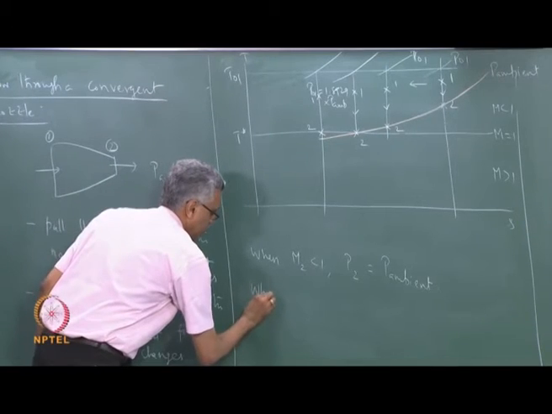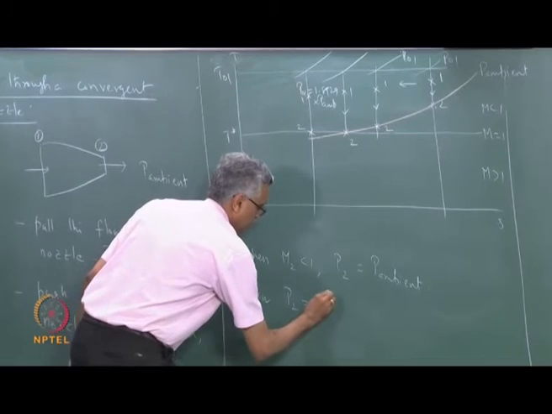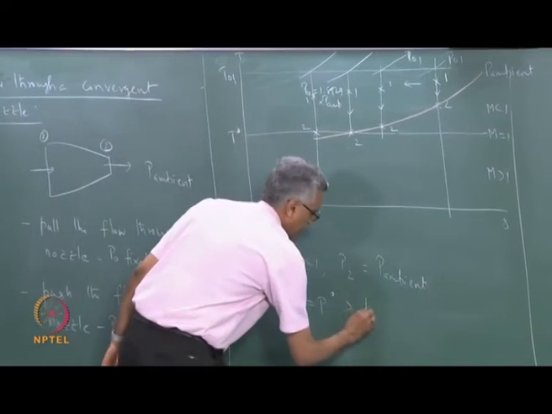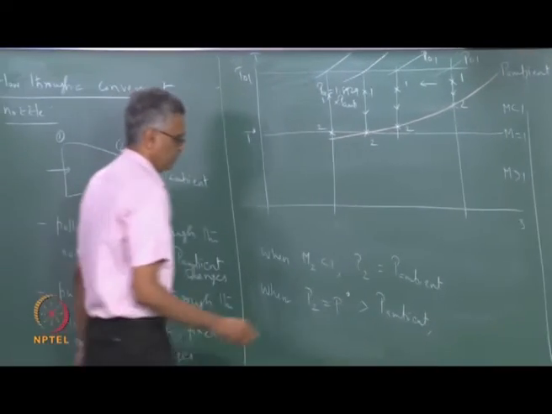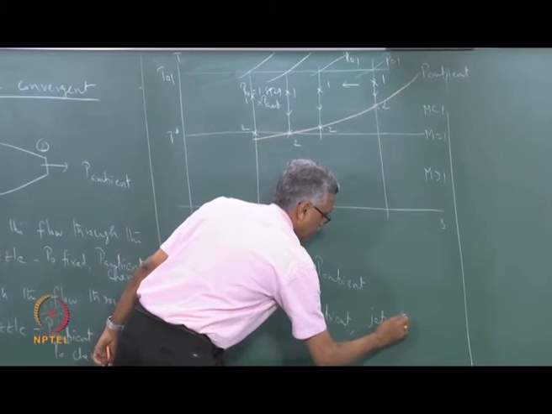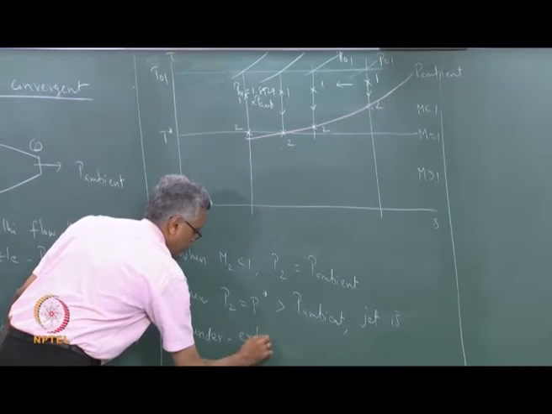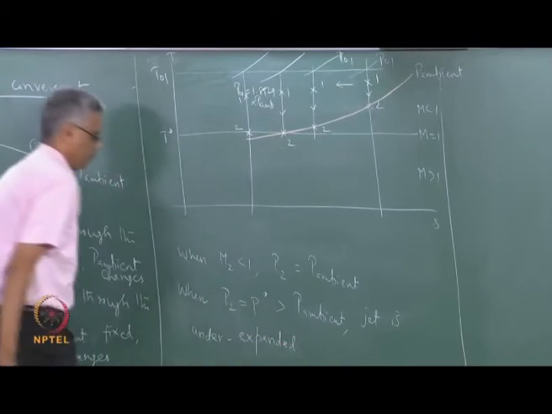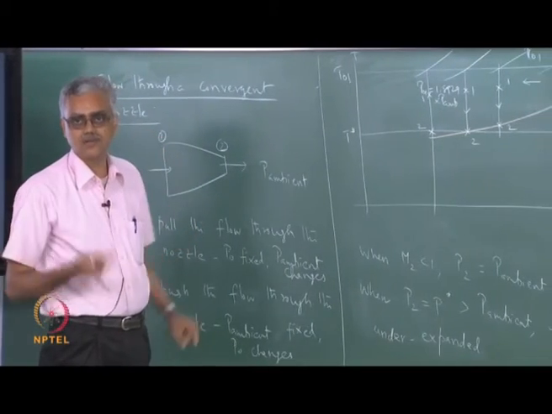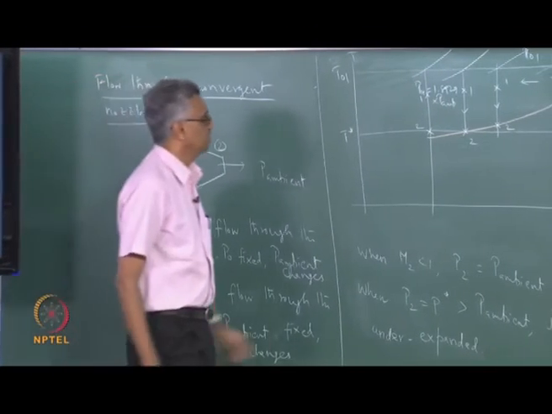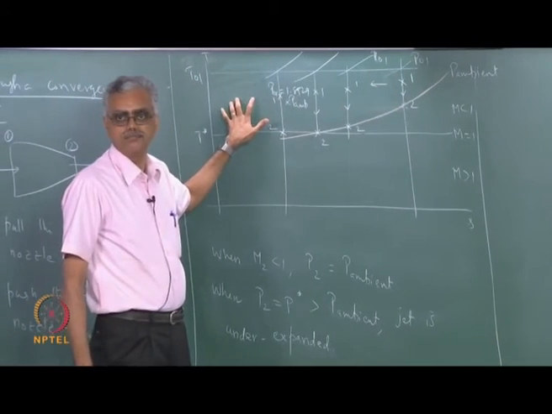When P2, which is equal to P star, becomes greater than P ambient, the jet is under expanded, same as before. The only difference between this case and the other case is that the mass flow rate continues to increase.